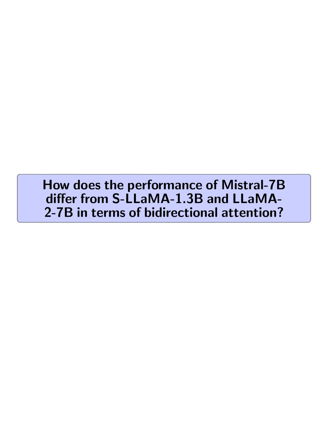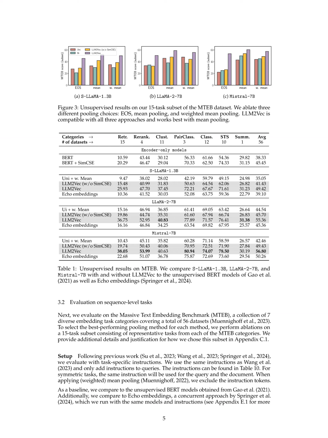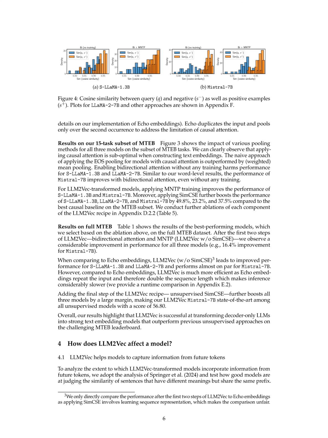How does the performance of Mistral 7b differ from SLLaMA 1.3b and LLaMA 2-7b in terms of bidirectional attention? The performance of Mistral 7b differs from SLLaMA 1.3b and LLaMA 2-7b in terms of bidirectional attention in the context of the LLM2Vec approach.